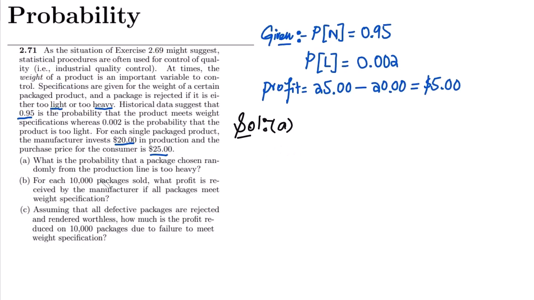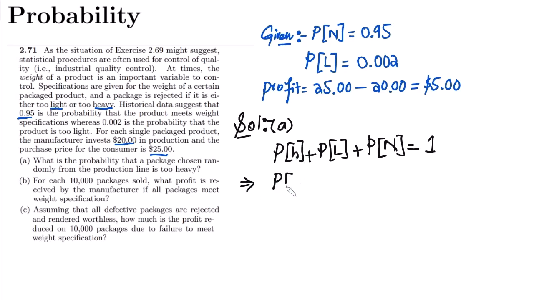If the probability of too heavy is probability of H, okay, so we know that probability of too heavy plus probability of too lightweight plus probability of the normal package is always equal to 1. Okay, so let me find out the value of P of H. So P of heavy would be 1 minus the probability of the lightweight plus the probability of the normal. Okay, now let me put their values here.